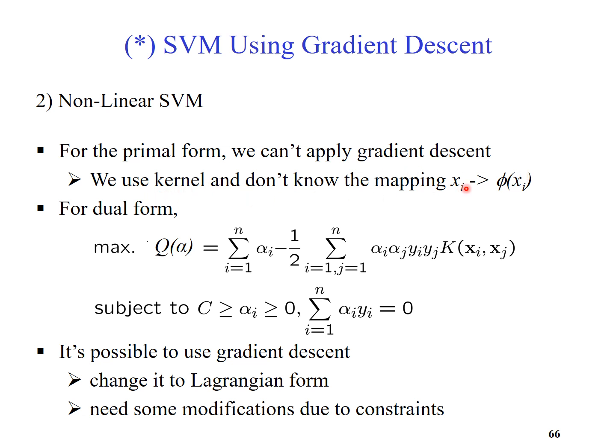So we replace this mapping by a kernel function right here. For this dual problem with kernel, now we are able to solve this problem using gradient descent as well.